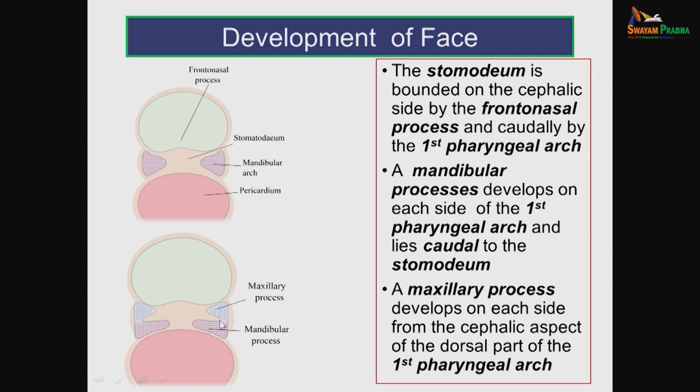The maxillary process develops on each side from the cephalic aspect of the dorsal part of the first pharyngeal arch. This picture shows stomatodium, the frontonasal process, the maxillary and mandibular process, and the bulging pericardial cavity.